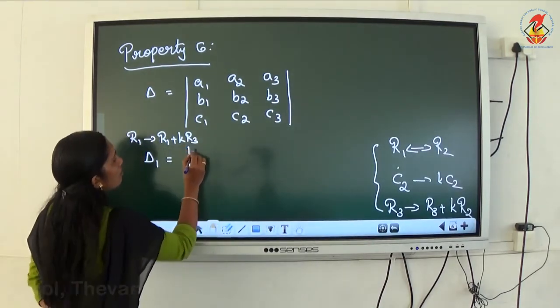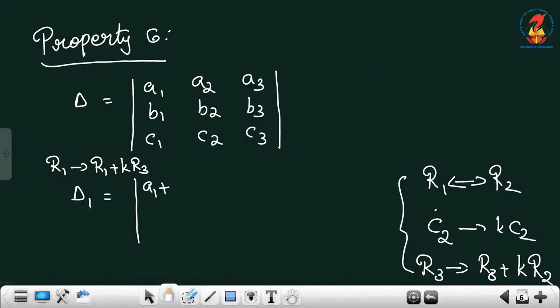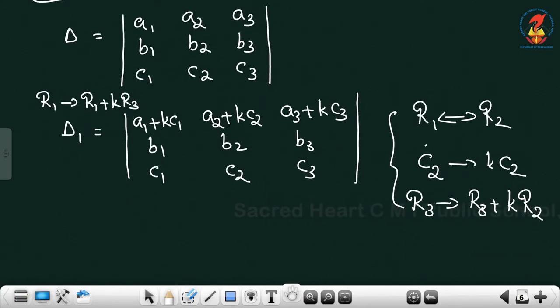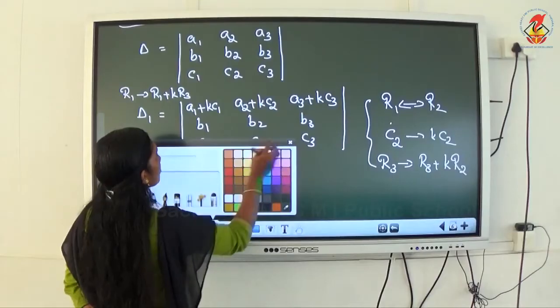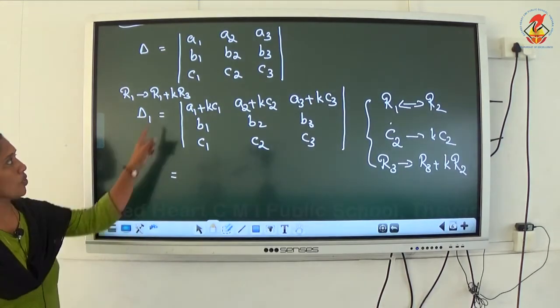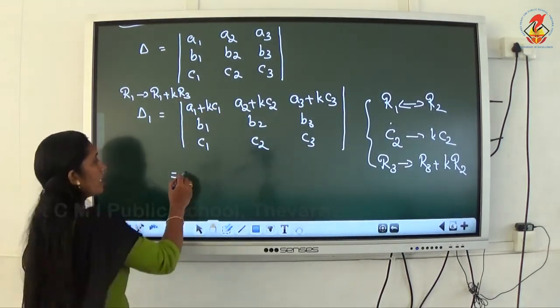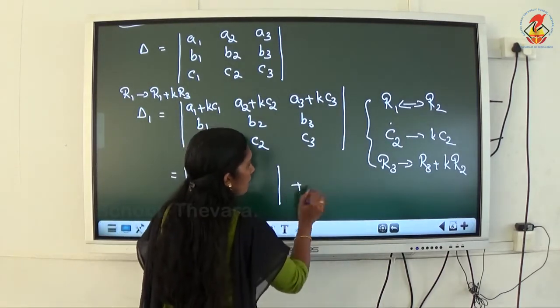So the first row becomes A1 plus K into C1, A2 plus K into C2, A3 plus K into C3. Then the second row B1, B2, B3, and the third row C1, C2, C3. Now what is the value of this? Here all the elements of the first row are a sum of two terms, so we can split it into two determinants.